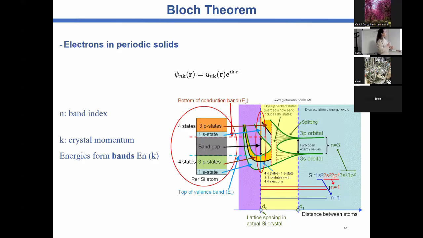So here we can see, for instance, applying the Bloch solution that we talked about, we know that the solution will depend on k, that is the direction of the lattice. So in the direction of lattice, we can also convert in terms of distance between the atoms.